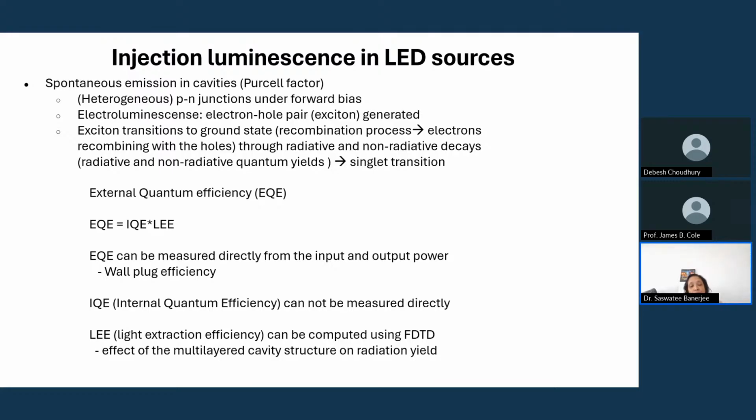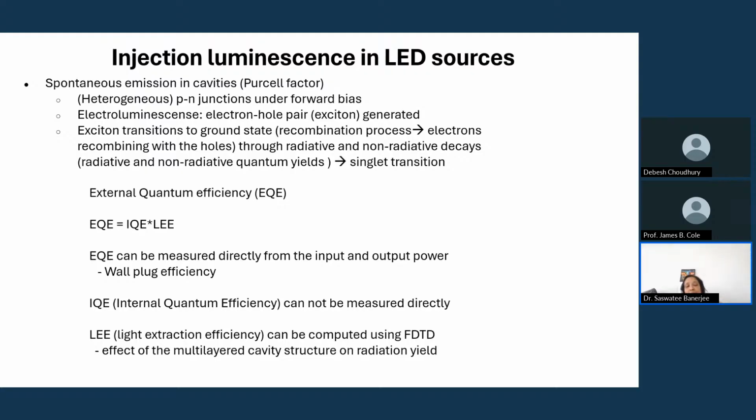And what you can do is the light extraction efficiency. That is something that you can simulate or estimate through your models. That's where classical electromagnetism comes into work for you. You are using these finite difference models and calculations to come to an estimation of the LEE, basically.